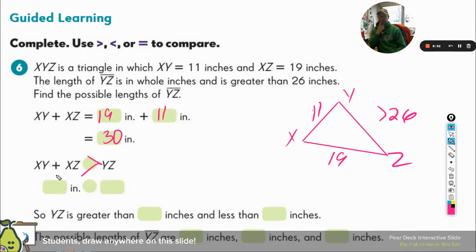But then XY plus YZ also has to be greater than YZ, which means YZ is greater than 26, but it also has to be less than 30. So YZ is greater than 26 and less than 30, so it can only be 27, 28, and 29 inches.